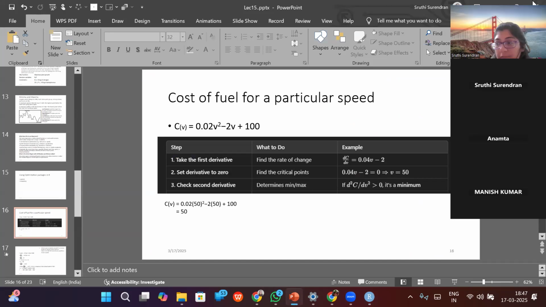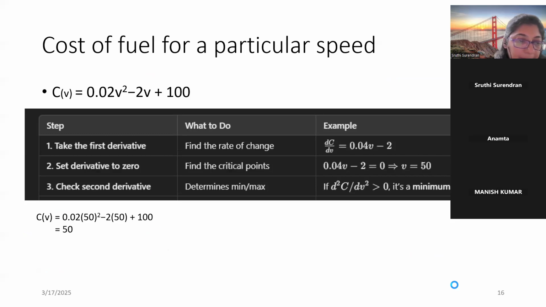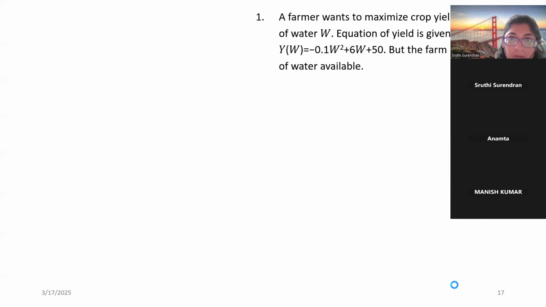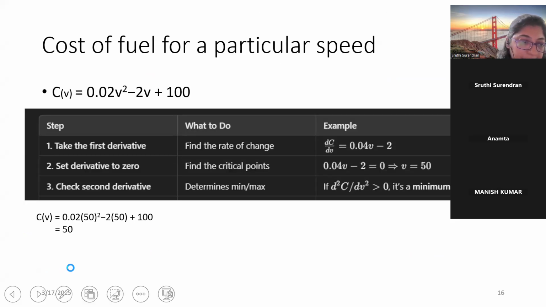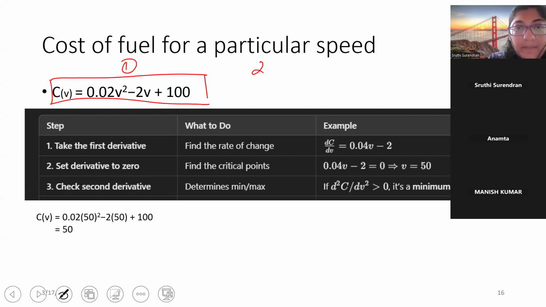Now, when we are optimizing any function, like the simple function of cost of fuel, first you consider this equation. That is the first thing. Second step is finding the first derivative.